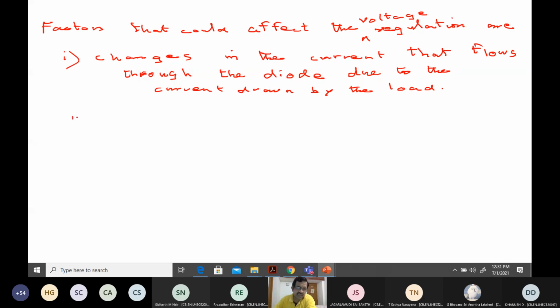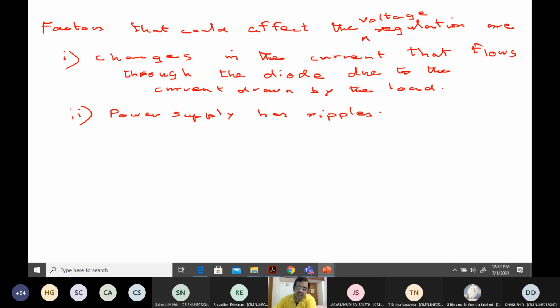The second factor is basically the power supply, which we discussed yesterday also. The power supply has ripples. What power supply am I talking about?